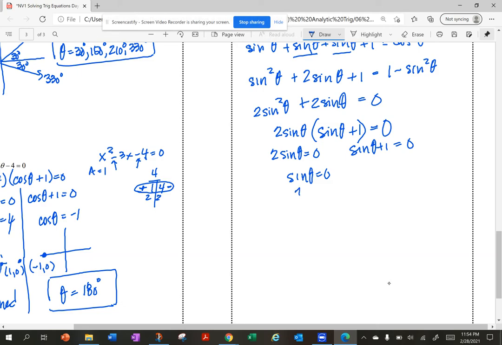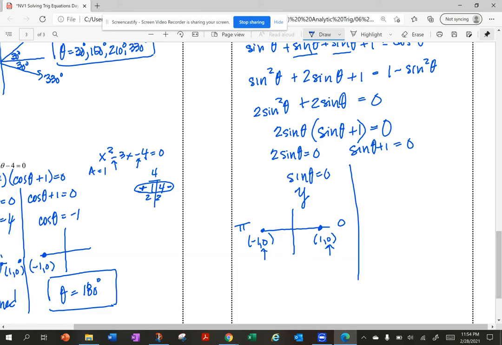So y is 0. I'm measuring, so y is 0 here at 1, 0, or over here at -1, 0. So y is 0 at 0 or pi.